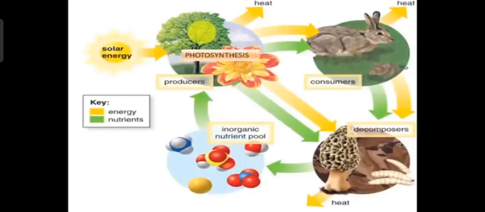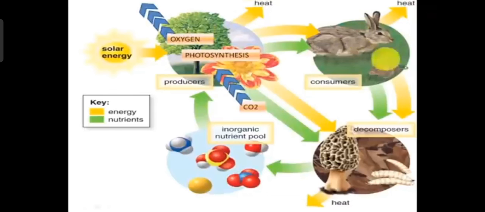The primary producers, like the plants, with the help of a process known as photosynthesis, take in the carbon dioxide and give out the oxygen, and with the help of solar energy they produce food. So they grow, they produce food, and these producers are consumed by the primary consumers.